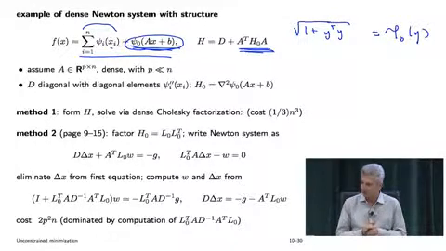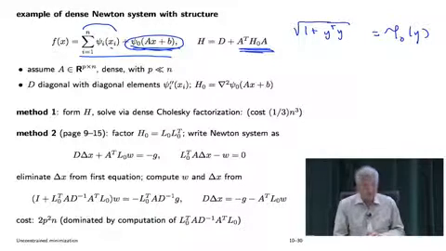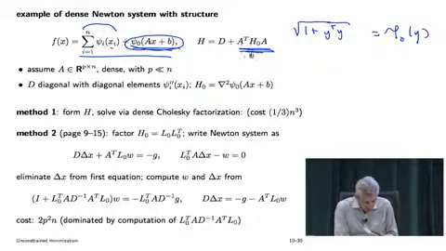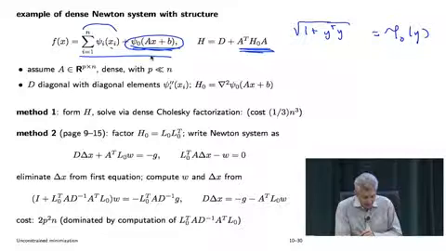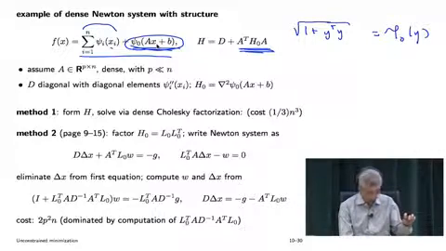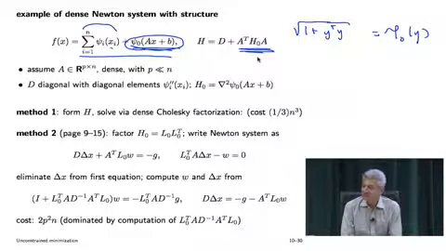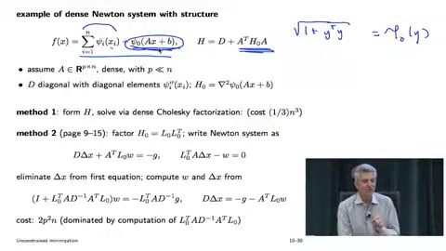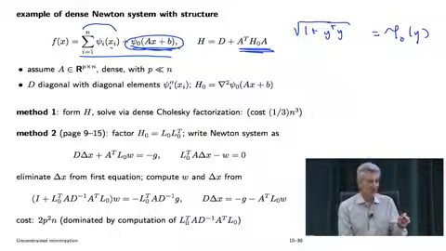So the point is, you stare at that and you realize that if A is wide, then that's low rank. So for a function of a low-dimensional affine function, the Hessian of that is low rank.